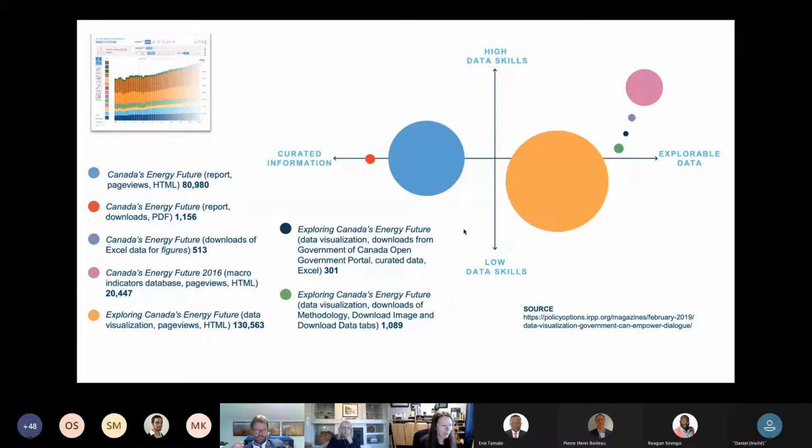This one is the HTML report that is put out every year. The red dot is the PDF report. At the top right is the raw data that's available on the website. And the big orange circle here, that's the visualization.